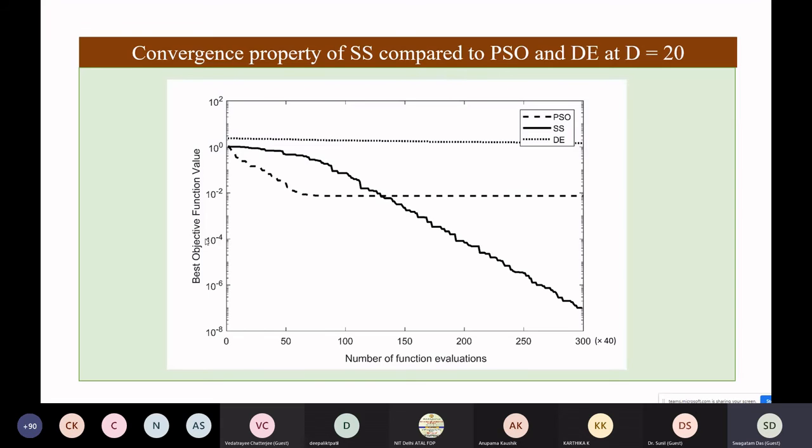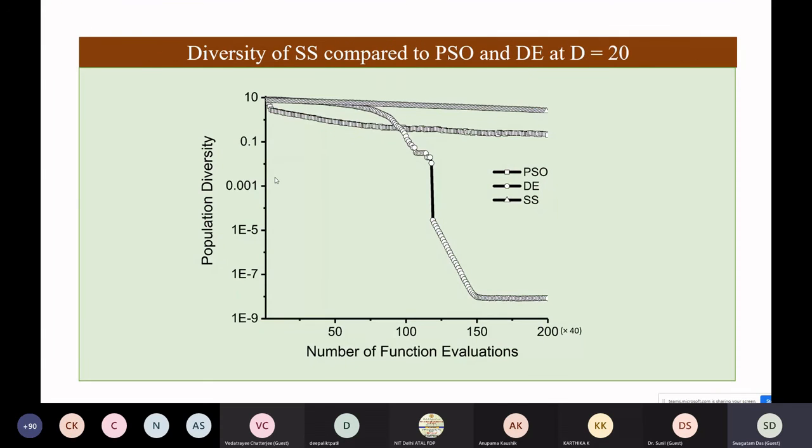If you look at the population diversity, you will see that the population diversity is also preserved to a large extent by the spherical search. In case of DE, since DE uses a greedy selection mechanism, DE is very much susceptible to quick convergence and premature convergence, which you can see here right away.